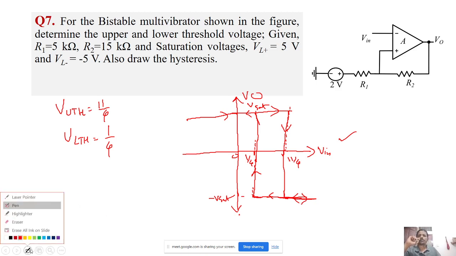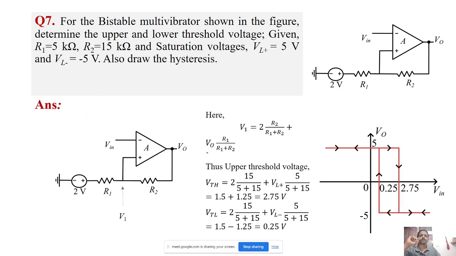Okay, so I will show the solution. So this is the solution. Again we assume this as V1 and we found the V1 in terms of this DC 2 volt and V0. So this is the value. We substituted for both upper and lower threshold voltage, VL plus and VL minus, and we got two values, that is 2.75 volt and 0.25 volt. 11 by 4, right?